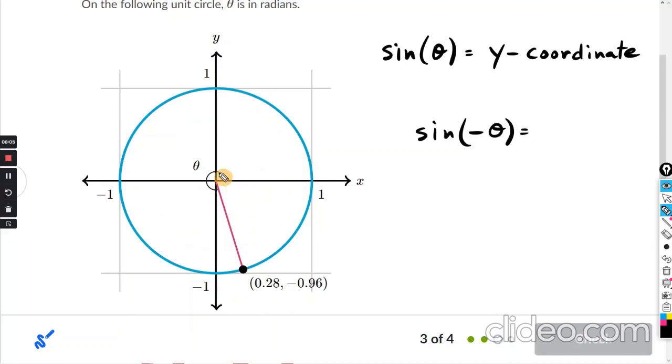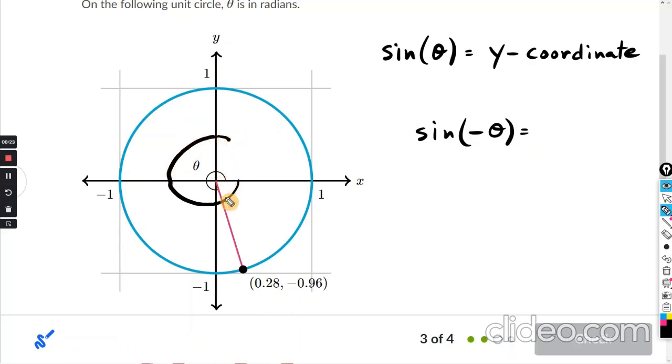So this is a little bit more than three quarters of the way around. So we're going to start here and do the same thing. So this is 1/4, 2/4, 3/4, and we're right here.